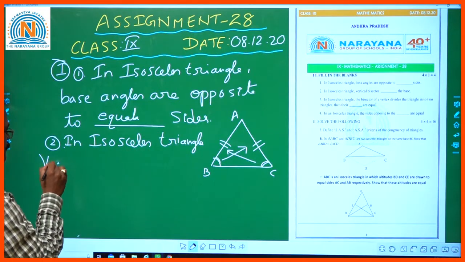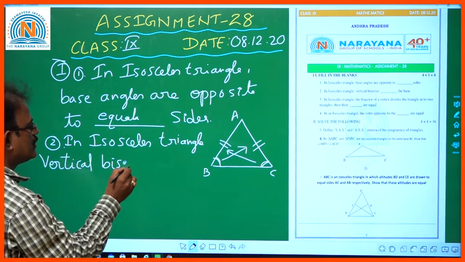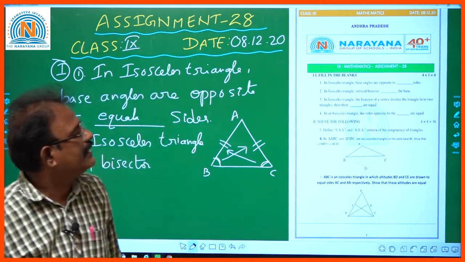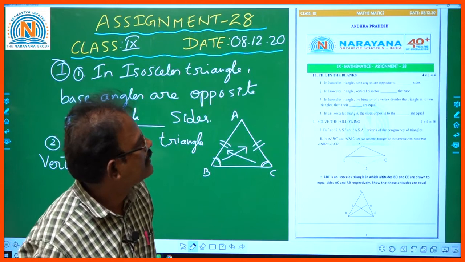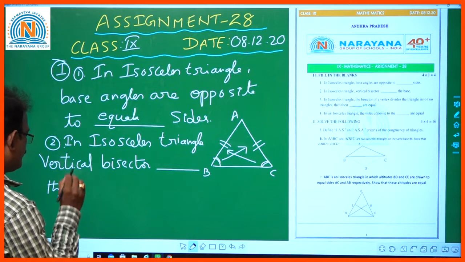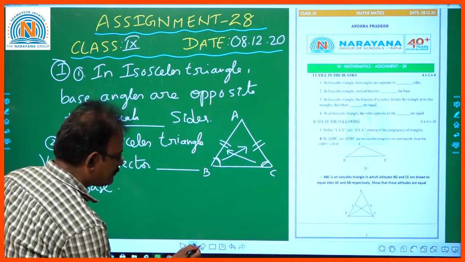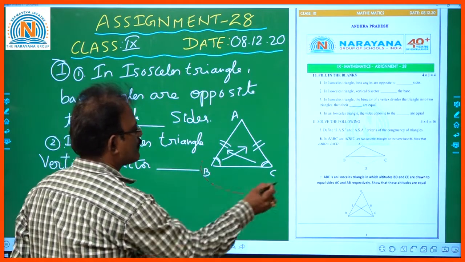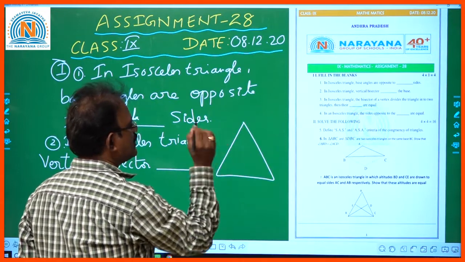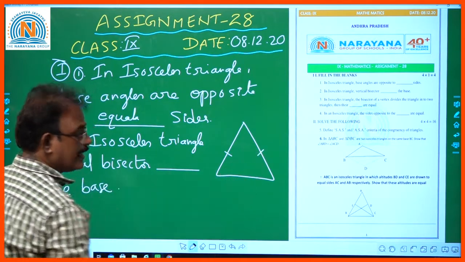Our next question, second one: in an isosceles triangle, the vertical bisector dash the base. Generally, children, in an isosceles triangle these two sides are equal.